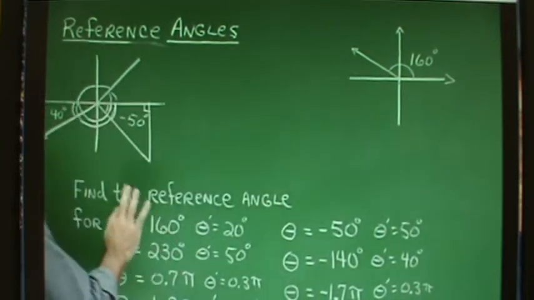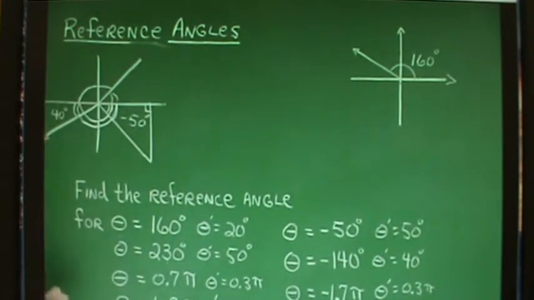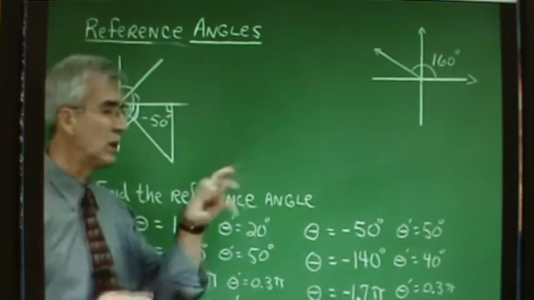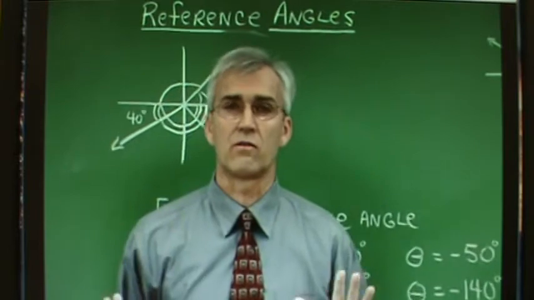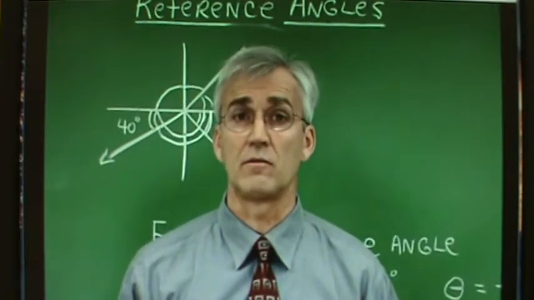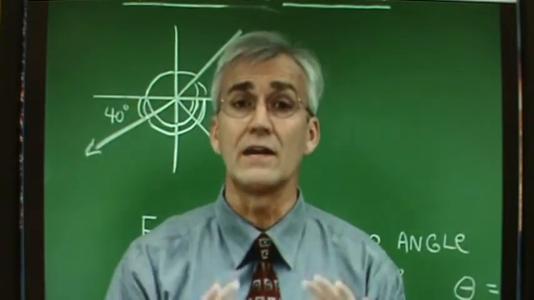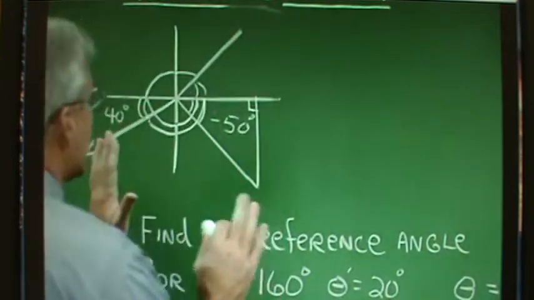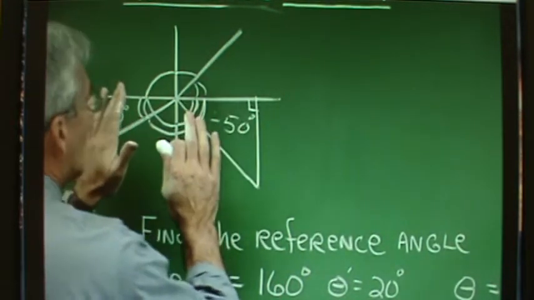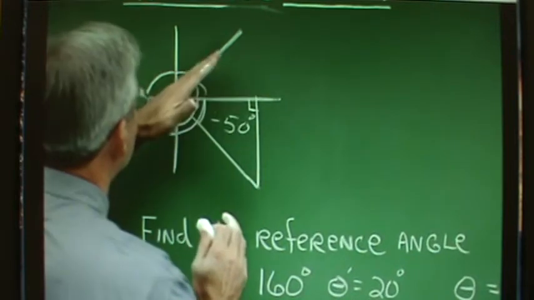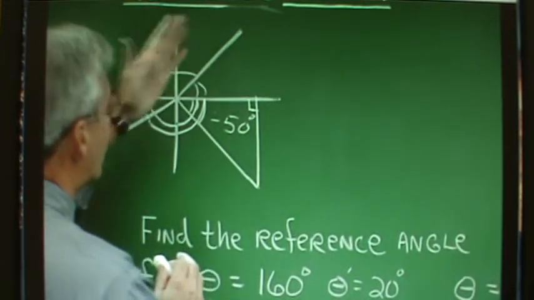Now, if you're looking for a formula for each of these, I don't think you ought to look for a formula. I think you ought to work these problems intuitively, kind of as I have done here. I was thinking, let's just take the 2 pi and subtract 1.7 pi to get the difference and therefore this reference angle.